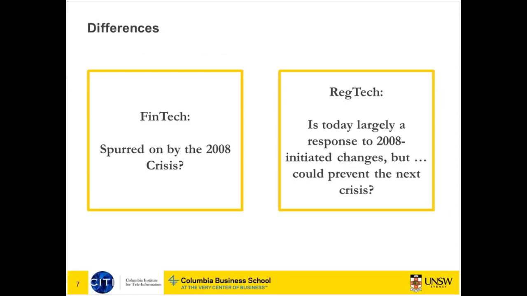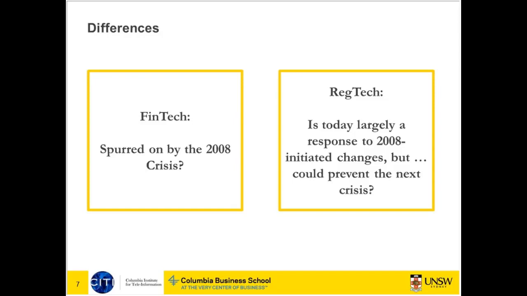So, and as the next slide points out, fintech was spurred on by the 2008 crisis. Regtech today is largely a response to 2008 initiated changes, because Regtech today is mostly about helping financial institutions save money, save on the costs of compliance, on the reporting requirements, on meeting their various obligations.